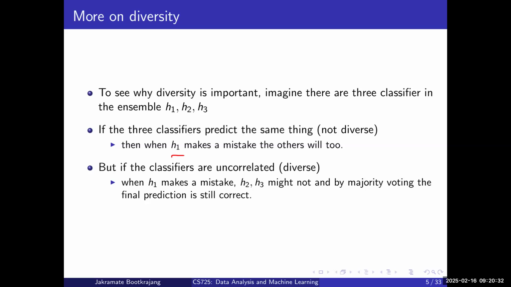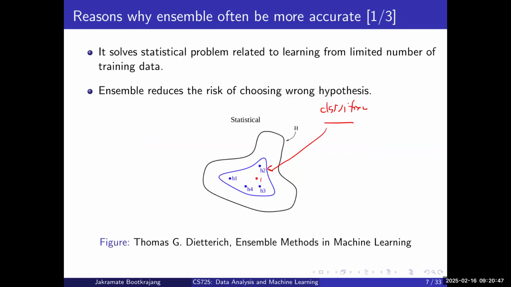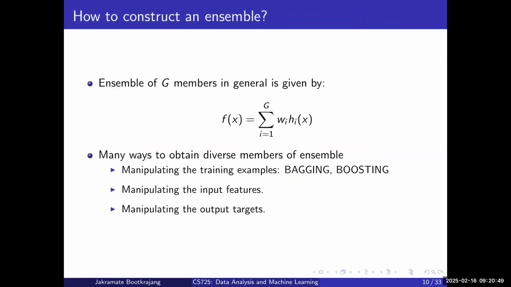If you have the same classifier, there's no point in combining them. So we need a way to trick the classifier to make a different decision. That's why we need some strategy.